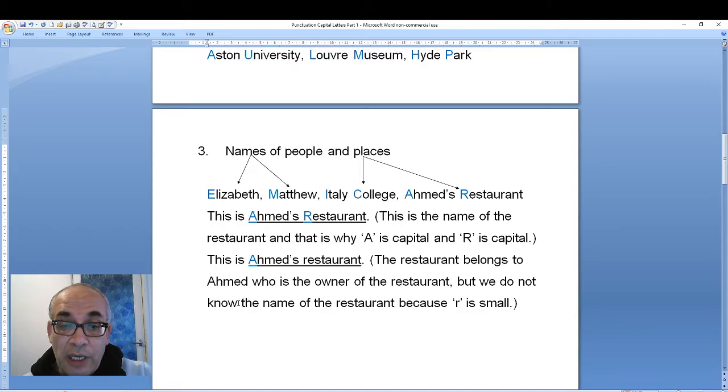But we do not know the name of the restaurant. Why? Because r is small. So r here is small, so it's not the name of the restaurant, but the restaurant is for Ahmed. Here, this is the name of the restaurant, but we don't know the owner or the manager of the restaurant. So capital letters can change meaning. Very good.